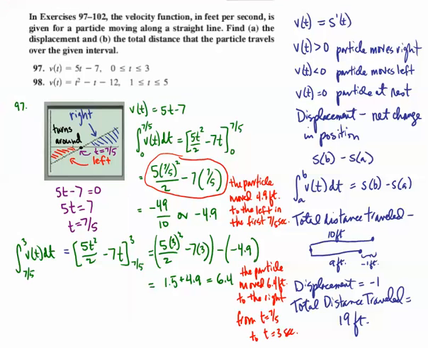Alright, so let me just note on our diagram here that this was negative 4.9, the red area. The blue was positive 6.4.